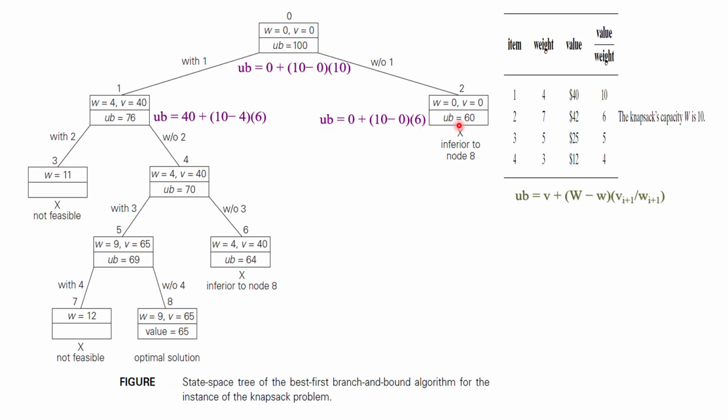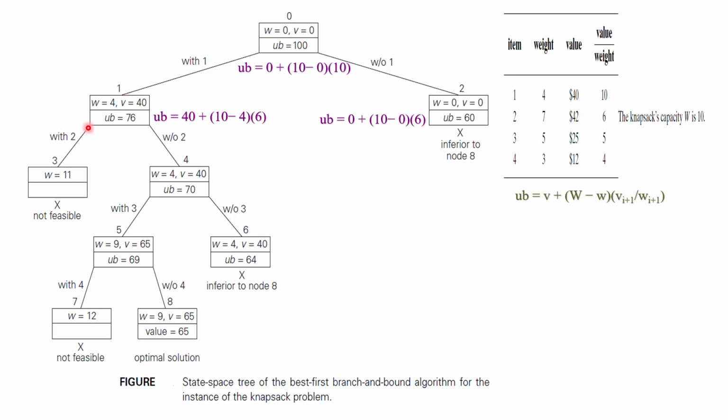If I substitute, I'll get the upper bound as 60 here. Now my aim is maximum. So I have to select which UB is having the greater value, 76 and 60. Now 76 is the maximum value. That's why I'm not considering this part. I'll discard this part and I'll continue this part here.